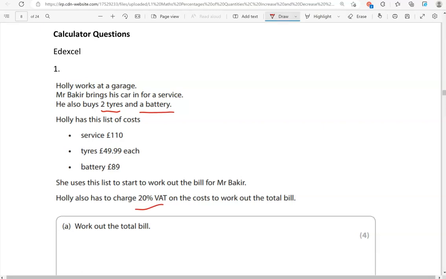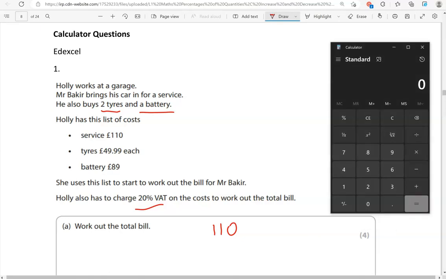So we've got a service for £110. 2 tyres at £49.99 each. So 2 times £49.99 gives us £99.98.